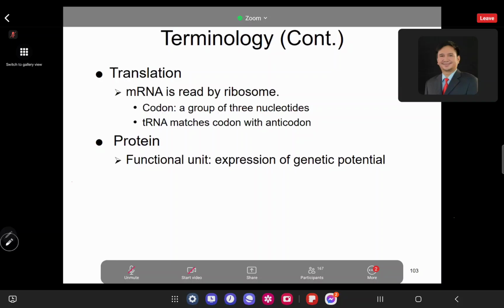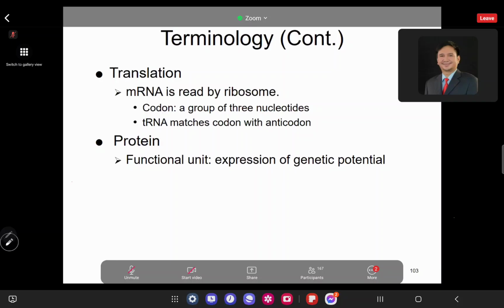And then a codon is a sequence of 3 nucleotides on mRNA that codes for a specific amino acid. While your tRNA, transfer RNA, matches codons on mRNA with their corresponding anticodon and carries the appropriate amino acid for protein assembly.